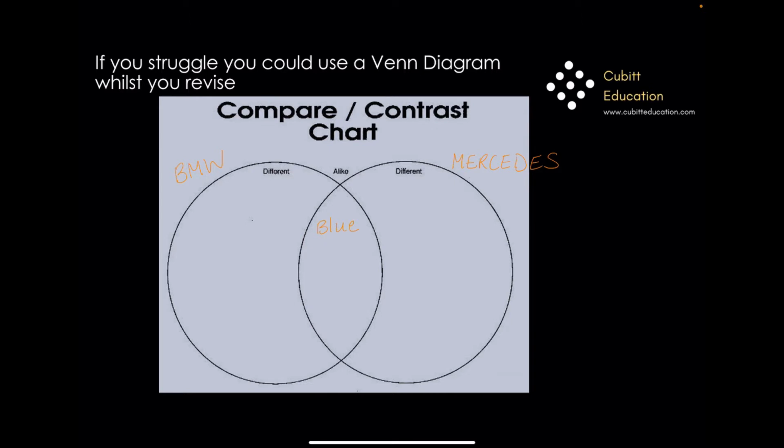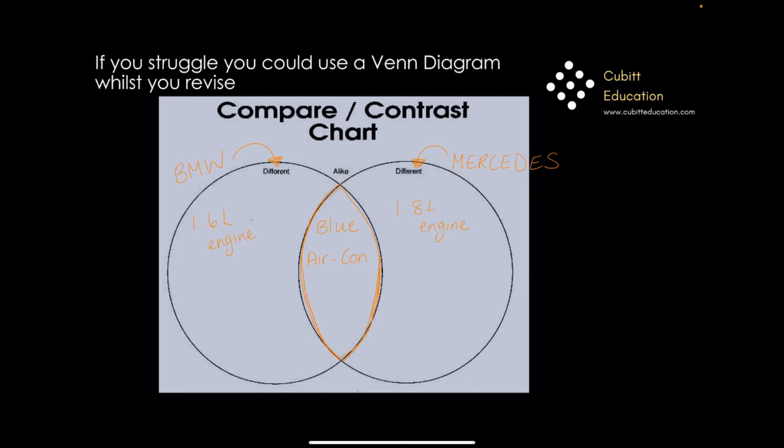Both of them have air conditioning. We'll put aircon. But the Mercedes has a 1.8 litre engine and the BMW has a 1.6 litre engine. We can show then in this Venn diagram how the Mercedes is different from the BMW and how the BMW is different from the Mercedes. But in the middle, we would say how they are the same.